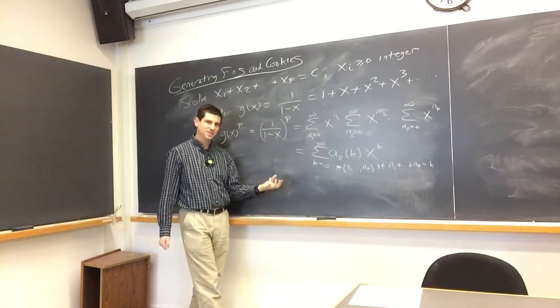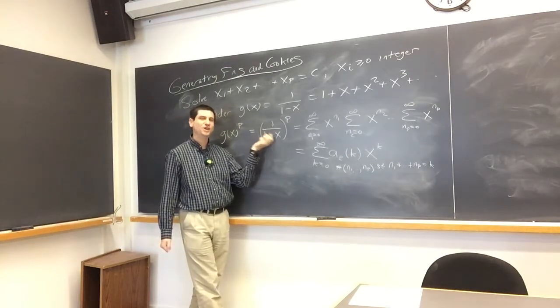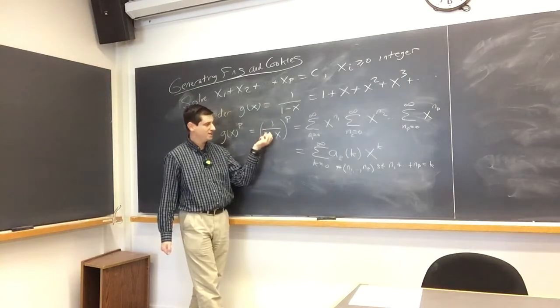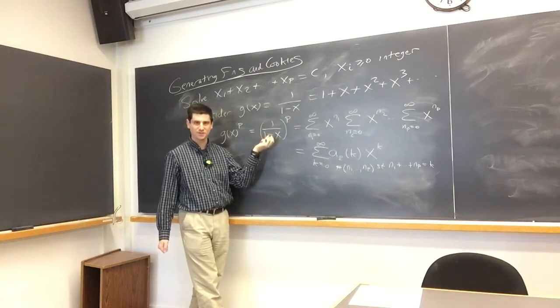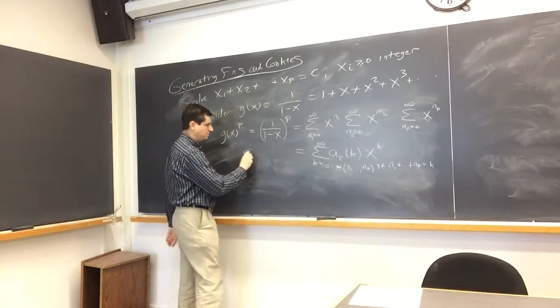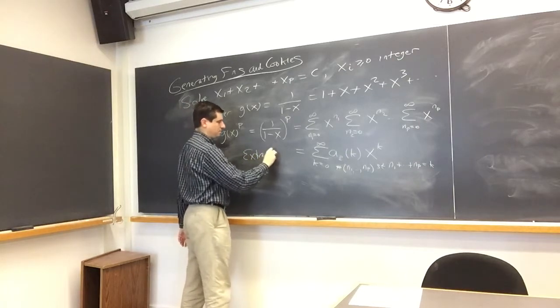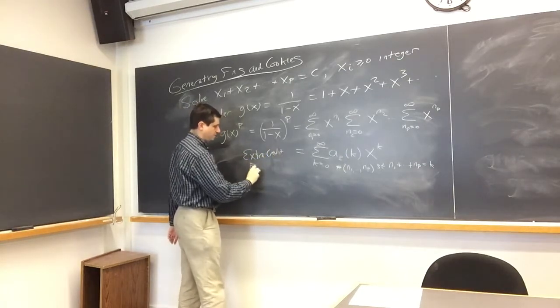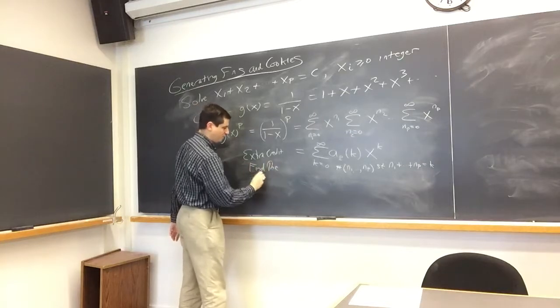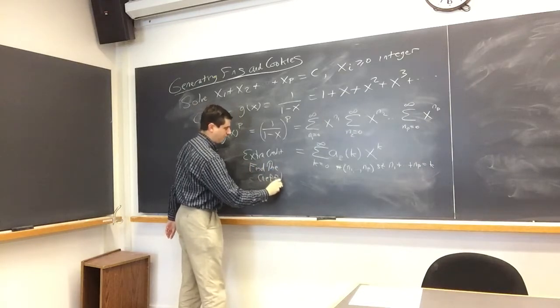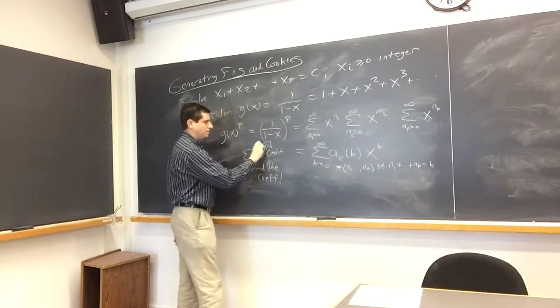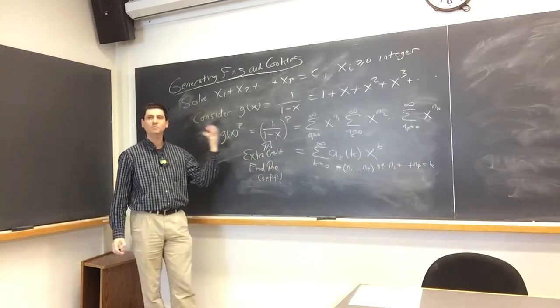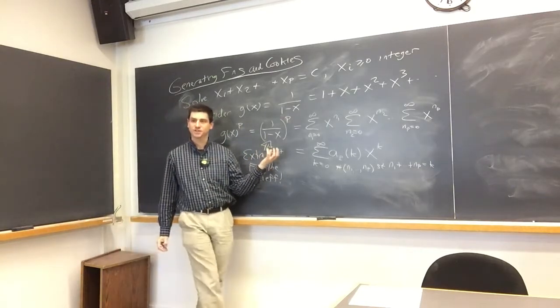Now, this is useless unless we can figure out a nice way of finding the kth coefficient of this. So for extra credit, find the coefficients. So what I've done here is I've hopefully motivated generating functions.